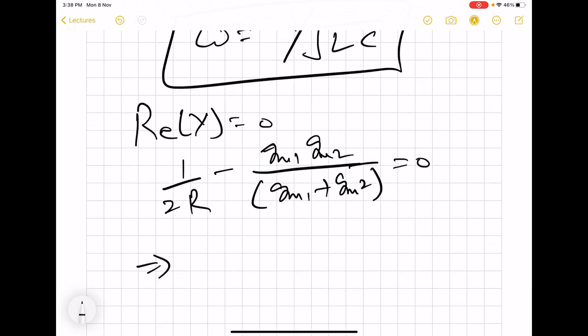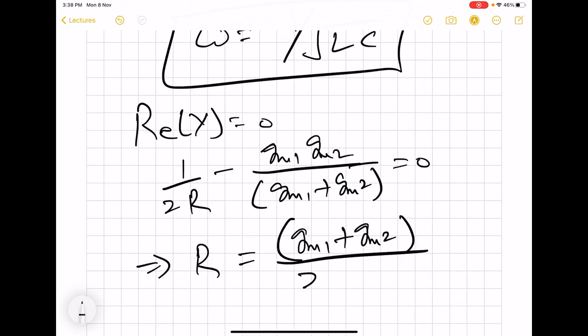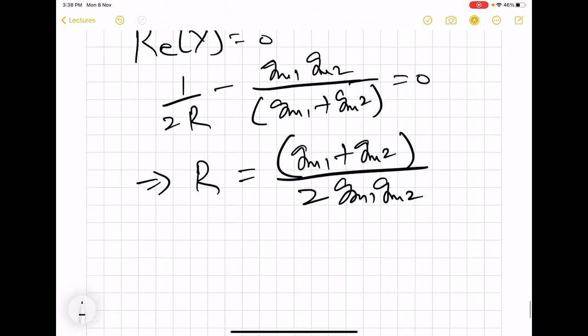So this says that R should be equal to GM1 plus GM2 divided by 2 GM1 GM2. So this is what we should get.